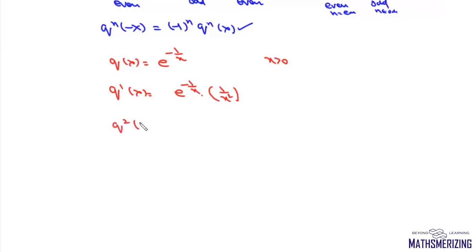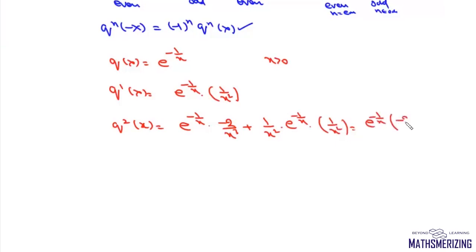Now if we find q''(x), it will be e to the power -1/x times (-2/x cubed) plus 1/x squared e to the power -1/x times 1/x squared, which is e to the power -1/x times (-2/x cubed plus 1/x to the power 4). Now we keep differentiating it. We can write q^(n)(x) will be of the form e to the power -1/x and then some polynomial expression of 1/x.